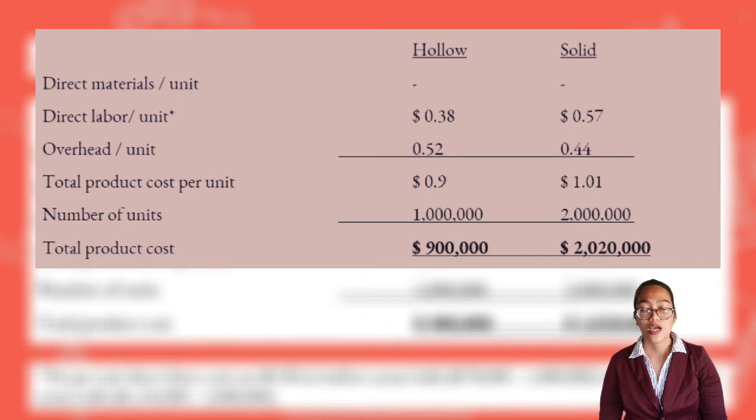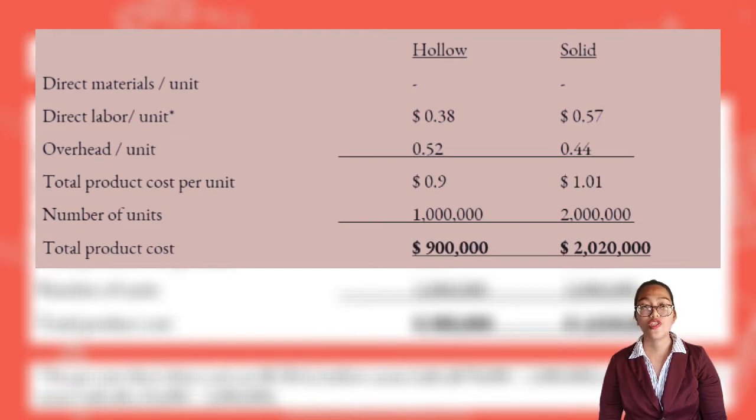So in hollow, $0.38 plus $0.52, we got $0.9. In solid, $0.57 plus $0.44, we got $1.01. Now, to get the total product cost, we're just going to multiply the total product cost per unit by the number of units produced.